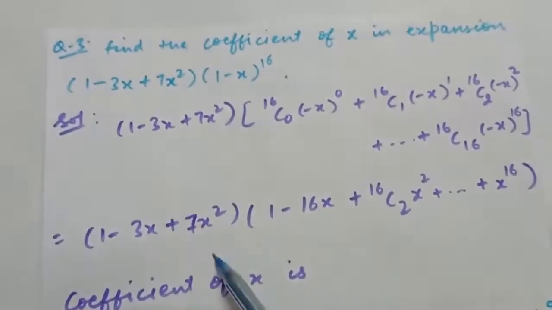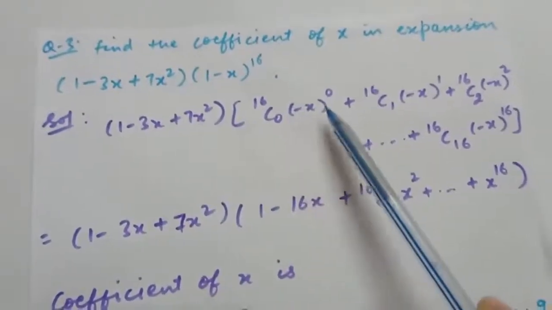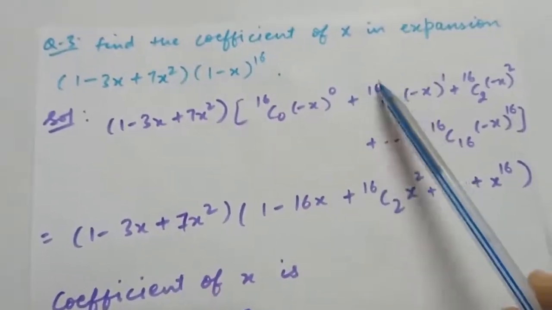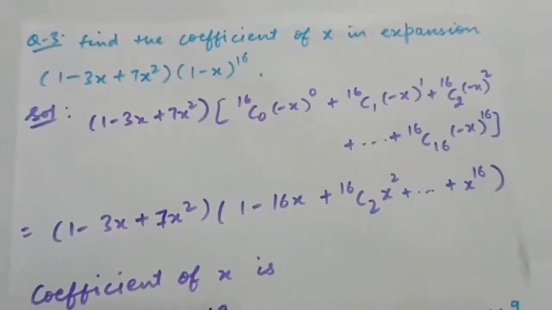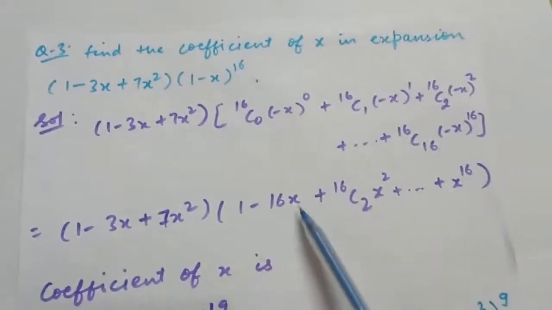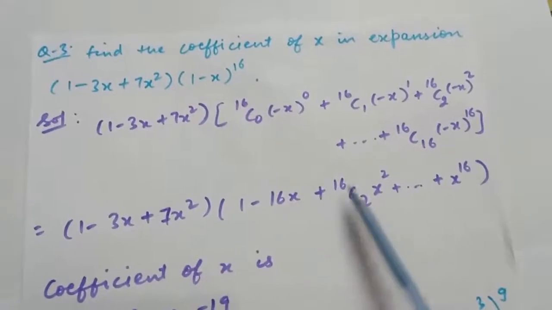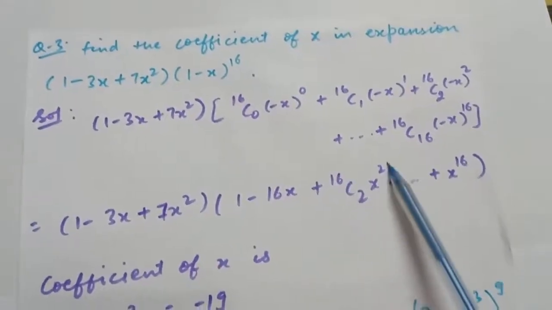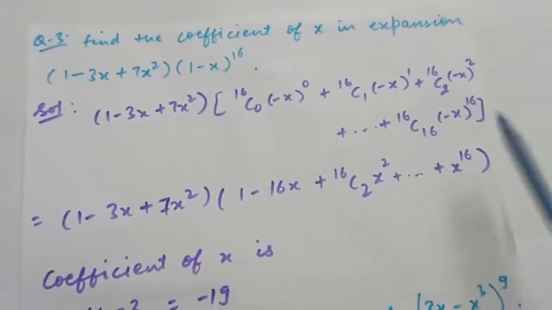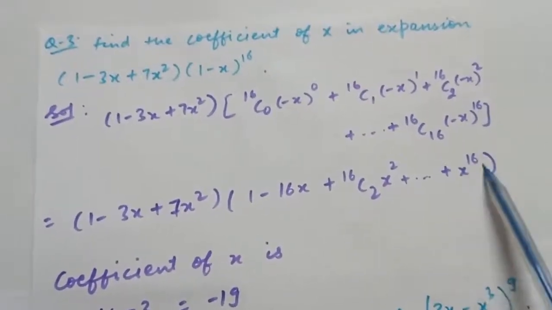Writing this as it is, this will be 1, and (−x)^0 is also 1. 16C1 is 16 into −x, so −16x plus 16C2 x², and so on up to 16C16 is 1, so x^16.